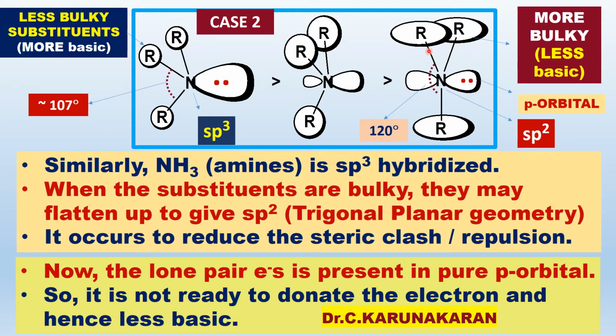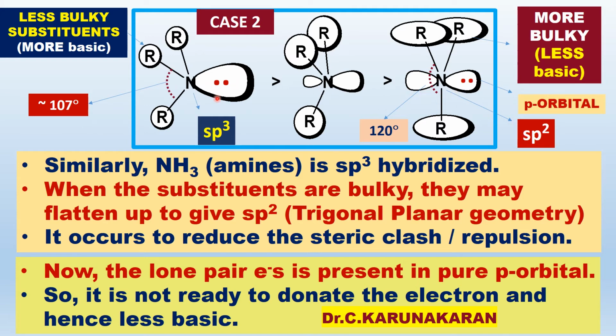It becomes trigonal planar because of steric repulsion between R or bulky groups.